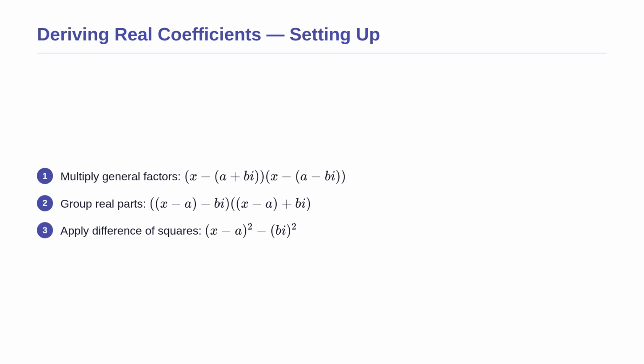Just like we did in our concrete example, we rearrange the terms inside the parentheses by grouping the real parts, x minus a, together. This strategic grouping allows us to apply the difference of squares formula, resulting in the first term squared minus the second term squared.